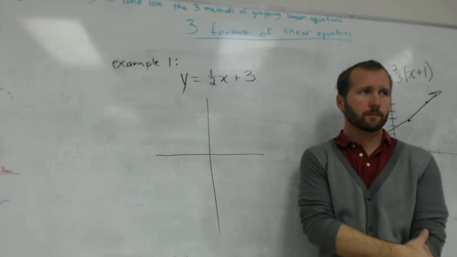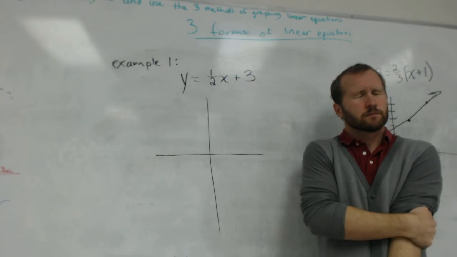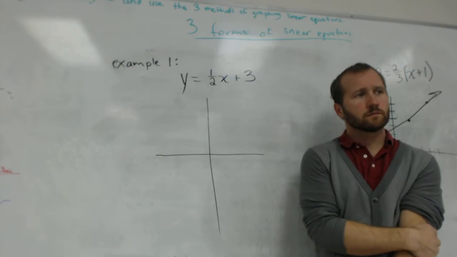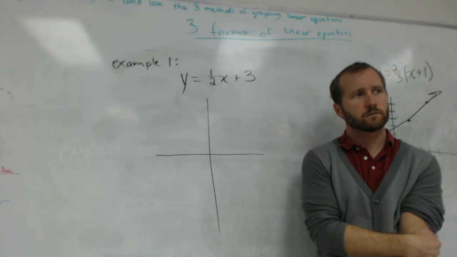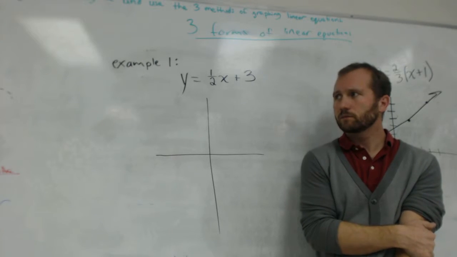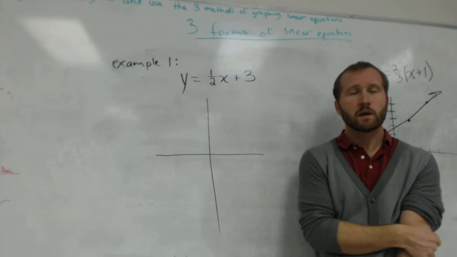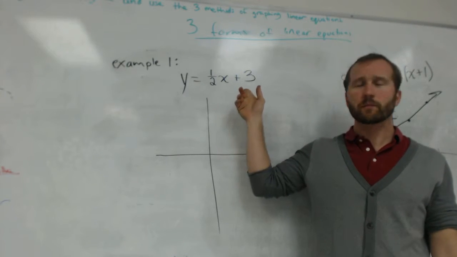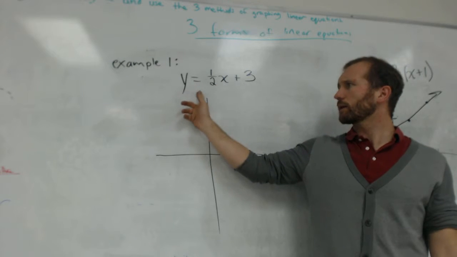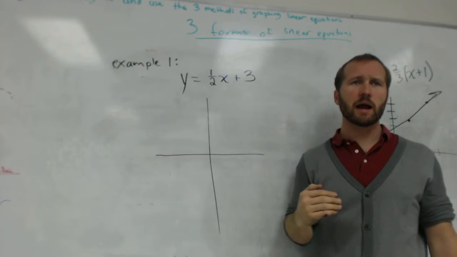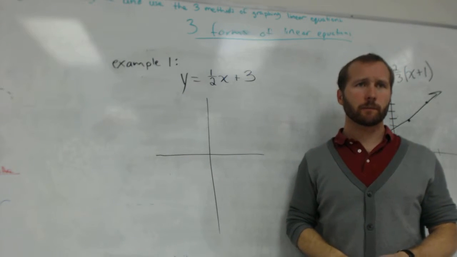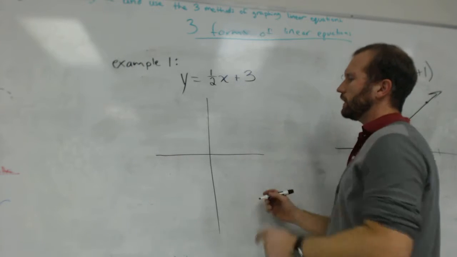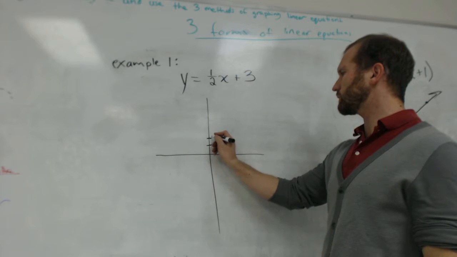It's not standard. Slope intercept. How did you know that this was slope intercept form? The y equals is what gives it away. Okay. How do we graph something in slope intercept form? Start with the plus 3. So I'm going to go 1, 2, 3.